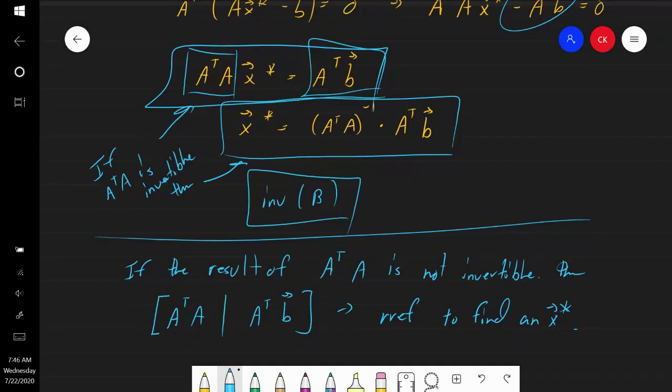So we can make the computation transpose of A times A and then ask it to find the inverse of that resulting matrix. If it doesn't exist, then we would find it out then. And if it does exist, then we could go ahead and make the computation using this formula. If it doesn't exist, again, the idea is that then you have to jump down and use a row reduction process to solve that out. It might be a good idea that you actually practice both of those methods just in case you encounter something that doesn't have an inverse.